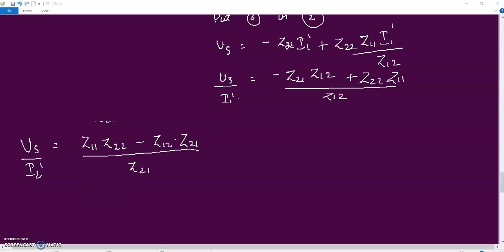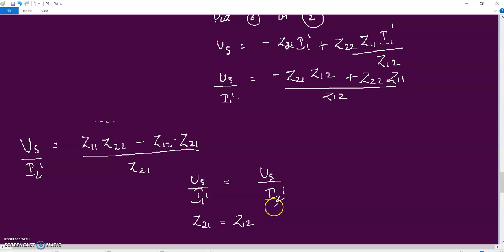See, in the denominators here, Z21 and Z12 are here. So for a network to be reciprocal, Vs by I1 dash is equal to Vs by I2 dash. So we can obtain the condition here that for this to occur, Z21 should be equal to Z12. Only then a system can be said to be reciprocal.